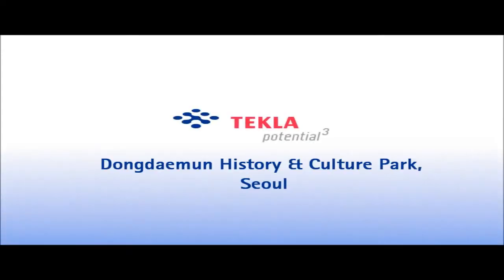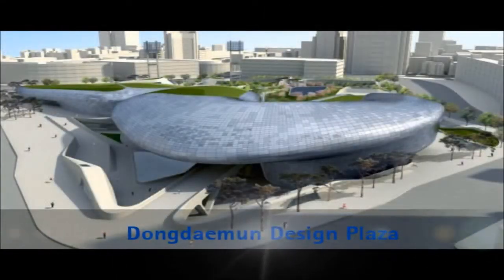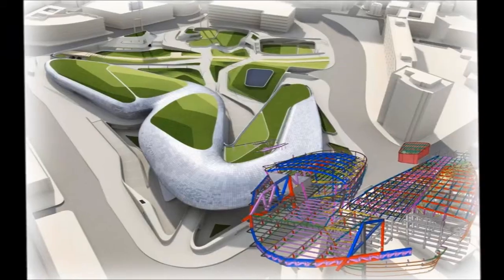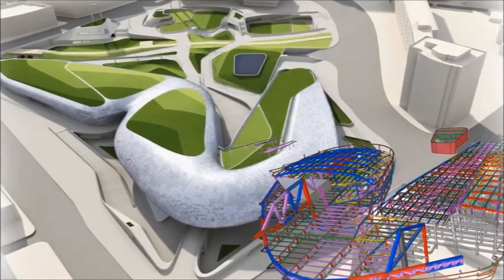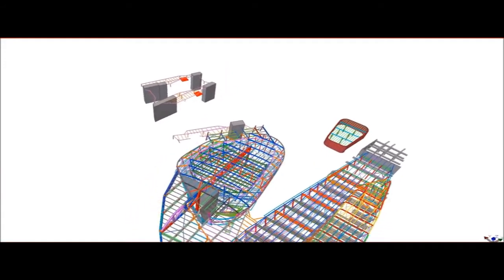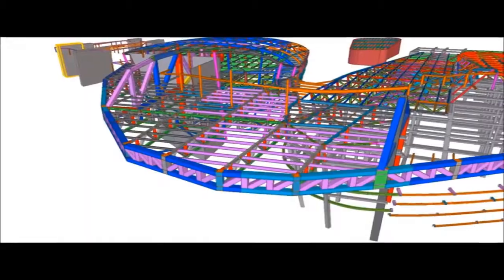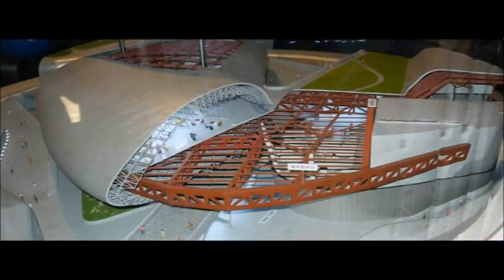Designing the DDP structure using BIM. As you can see in this video, trusses are connecting well without interference.